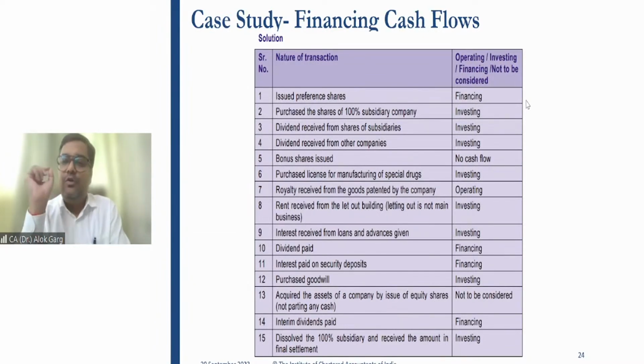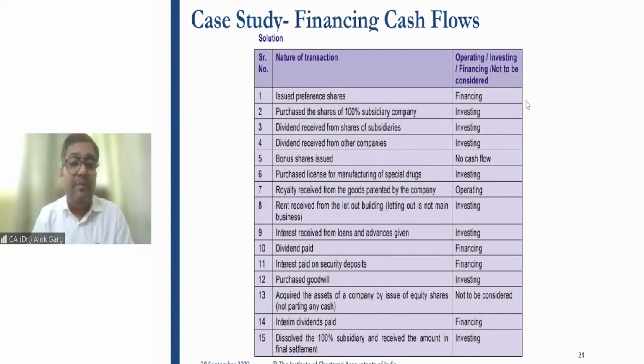Friends, one thing you need to see here, at times the company is in a kind of business where it is paying interest on a security deposit. If they are paying a nominal rate of interest like 2%, 3%, it is more like an operating activity. But if they are paying a market rate of interest, it is more like a financing activity. You need to look at it from that perspective as well.